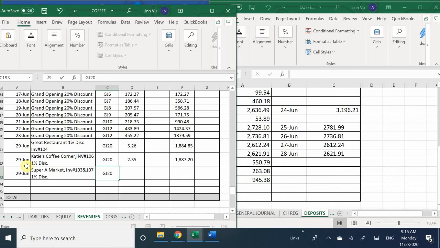Super 20, 13.98 or 97. I'm sorry, I'm not good with those figures.